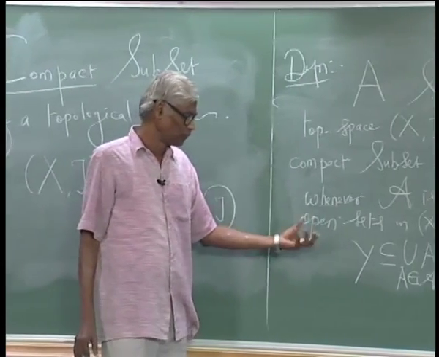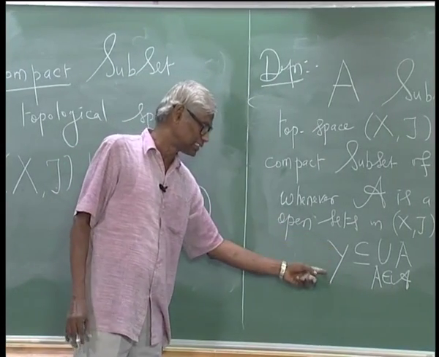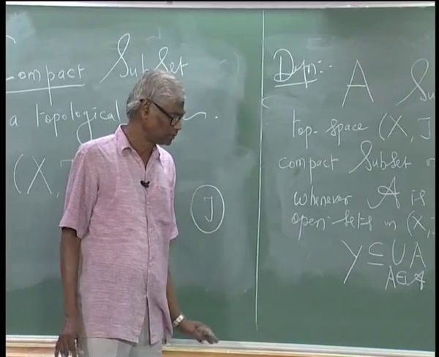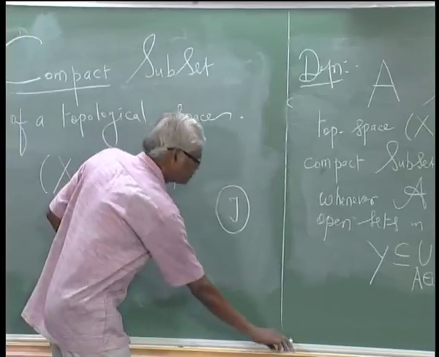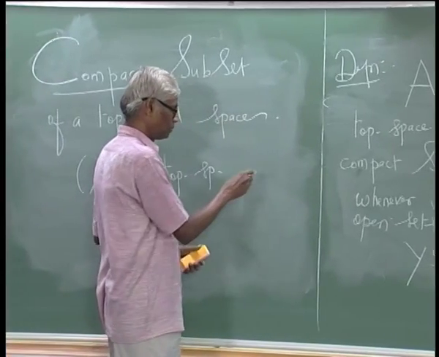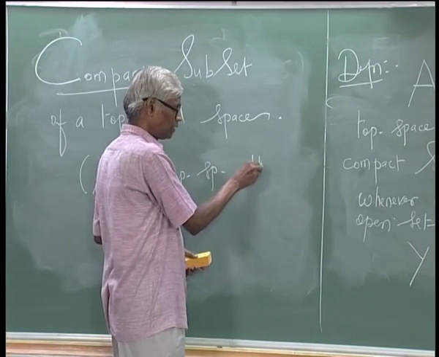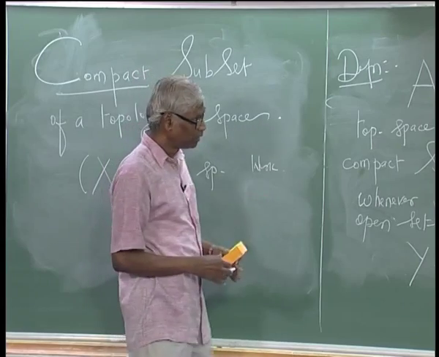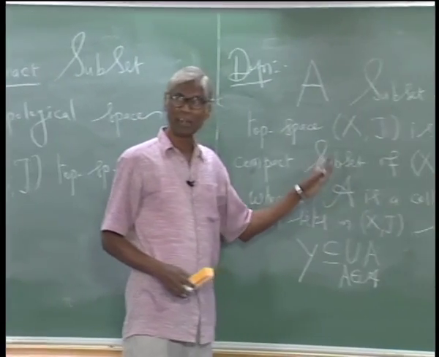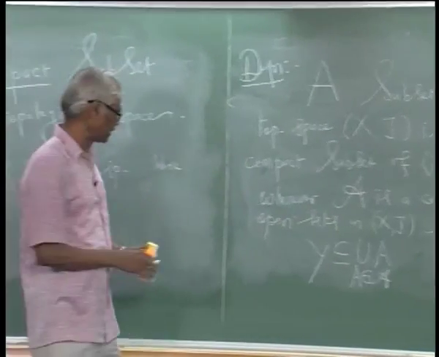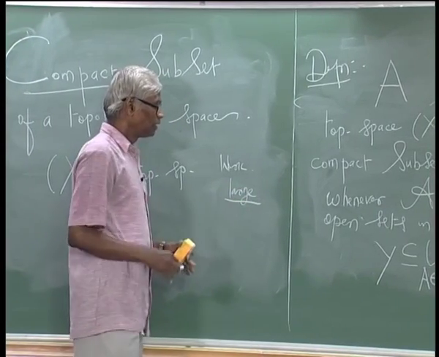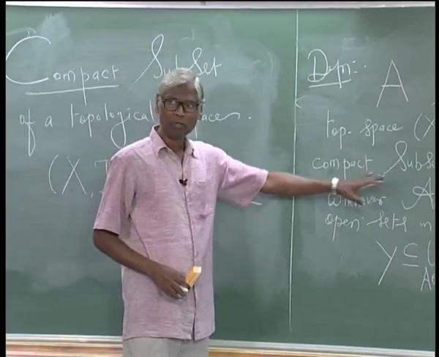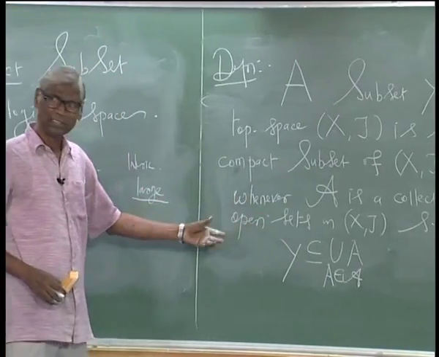So if you want to say the set Y is compact, it is something like if some work can be done by a large collection of persons.